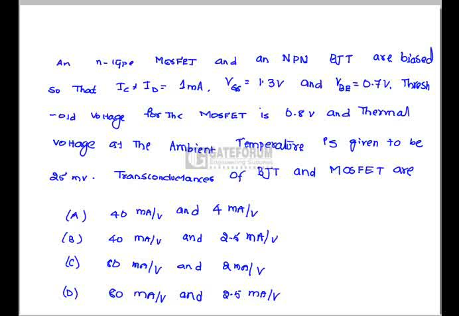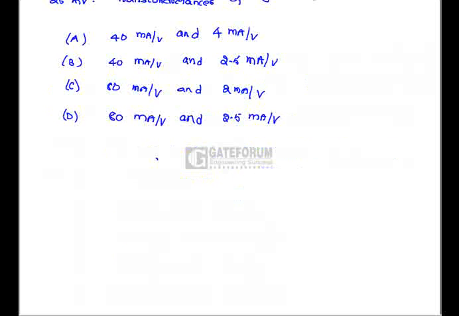We know that the transconductance of the BJT is completely decided by the Q point collector current, that is ICQ by Vt, which equals 1 milliamp divided by 25 millivolt, which equals 40 milliamp per volt.